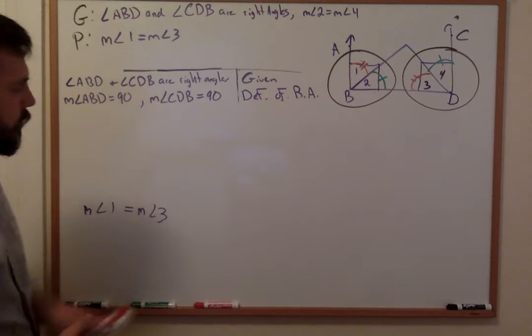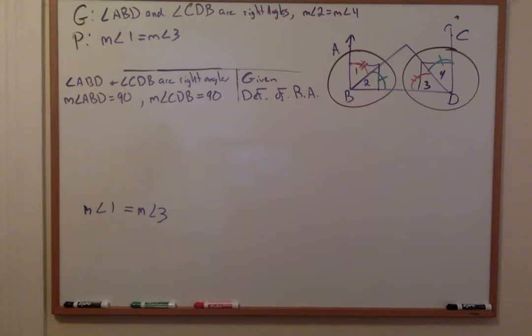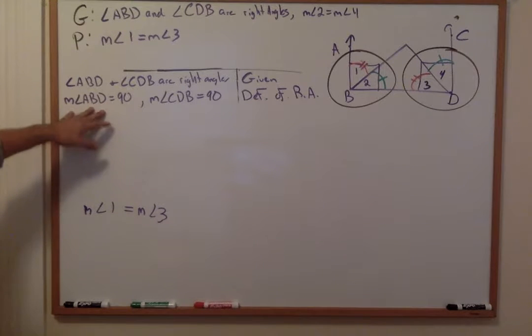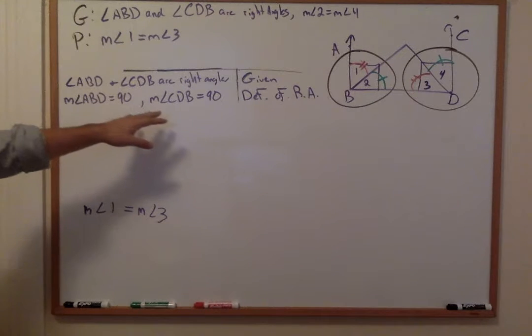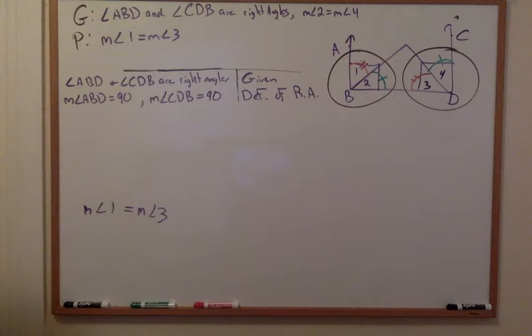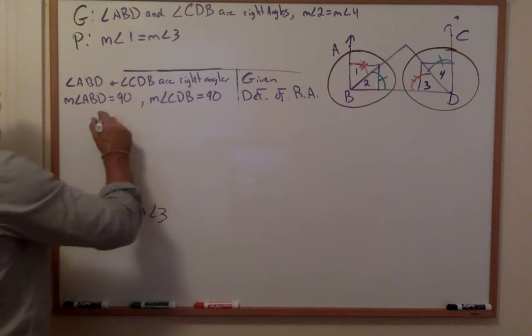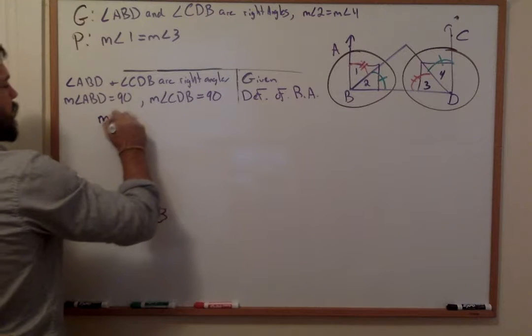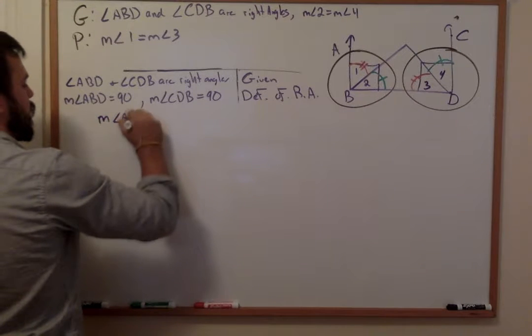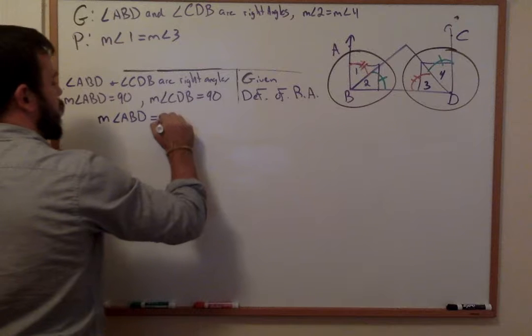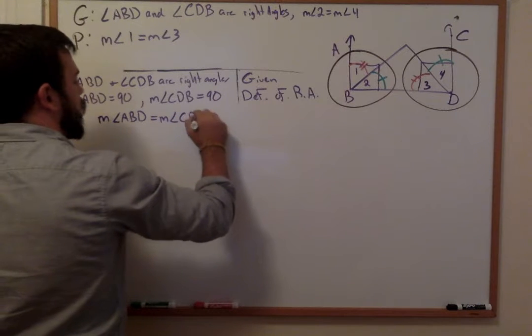So, let's go to our proof. Right now, I have ABD and CDB both equaling 90. Well, if they both equal 90, then they must equal each other.